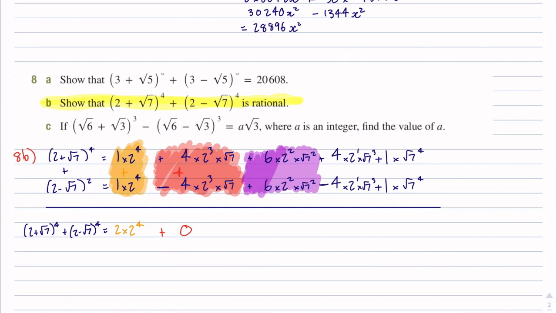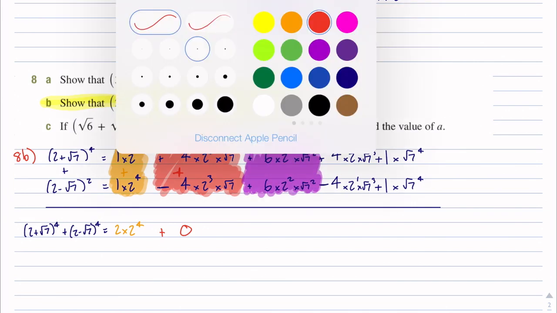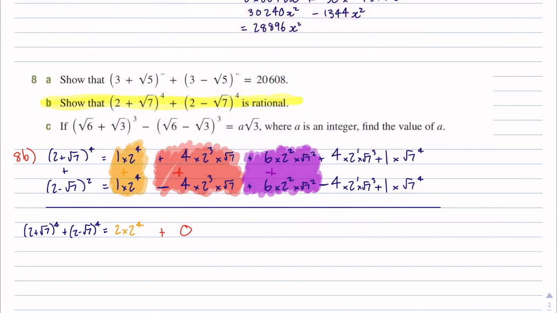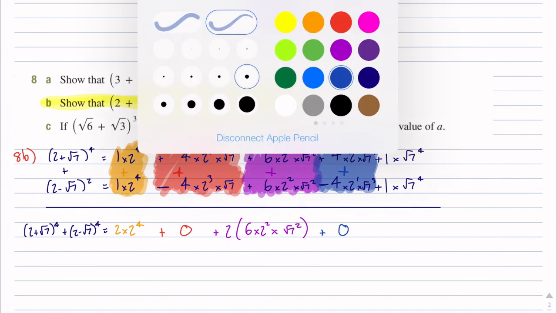I've got 6 times 2 to the 2 times root 7 squared plus 6 times 2 to the 2 times root 7 squared, so 2 lots of 6 times 2 to the 2 times root 7 squared. I'm trying to colour these in a rainbow because I'm sick and rainbows make me happy. For the next ones, we've got the same thing, but adding and subtracting, so it cancels out.